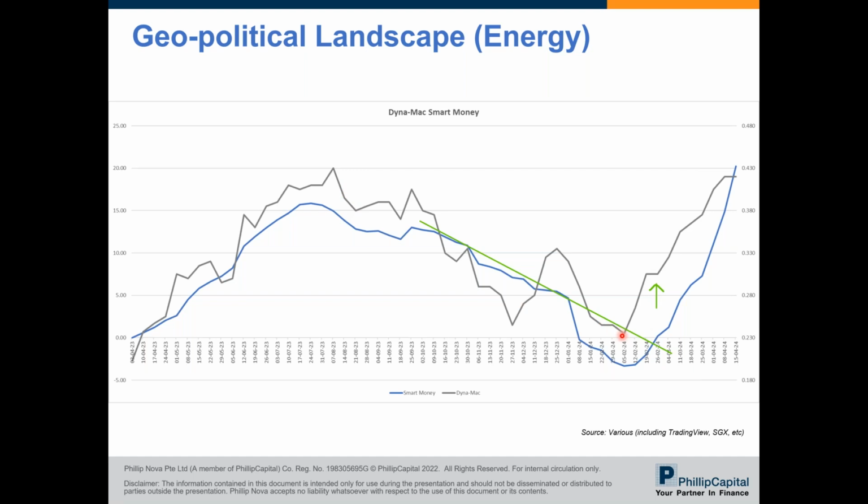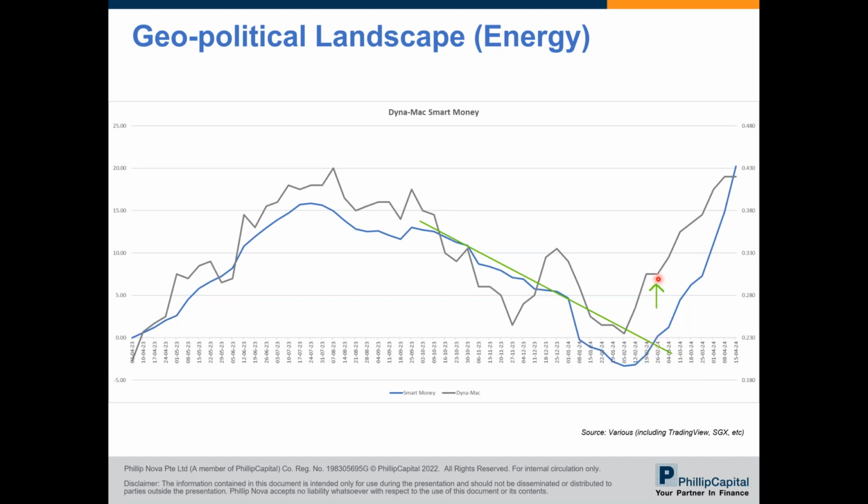But that could also mean opportunities for traders and investors to capture a significant move. Somewhere in February, we noticed that smart money changed from selling to buying.